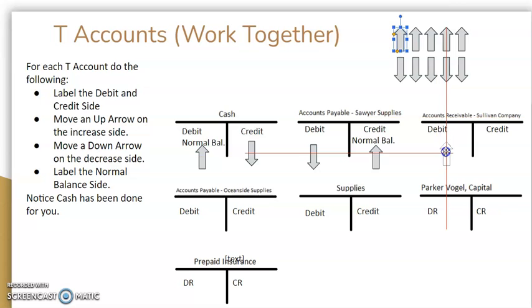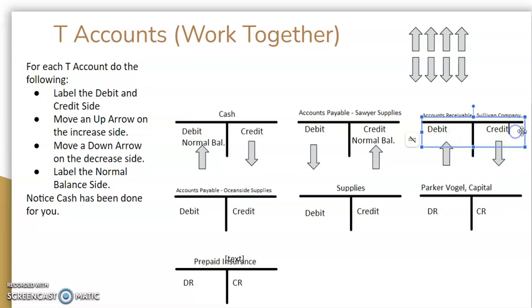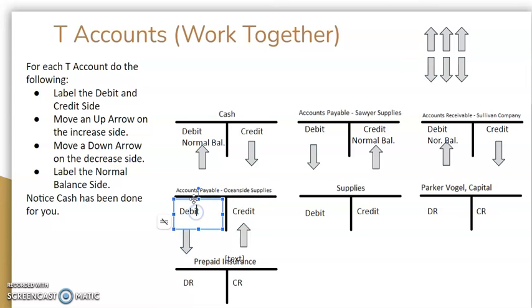That is an asset, so it will increase with the debit, decrease with the credit, and our normal balance will be on the debit side. Accounts payable, Oceanside Supplies, that's a liability, increases with the credit, decreases with a debit, and normal credit balance.